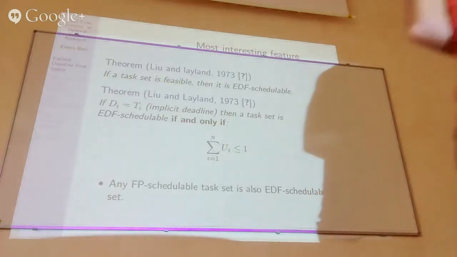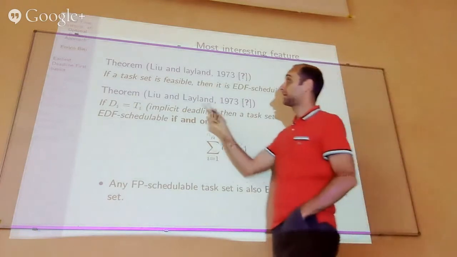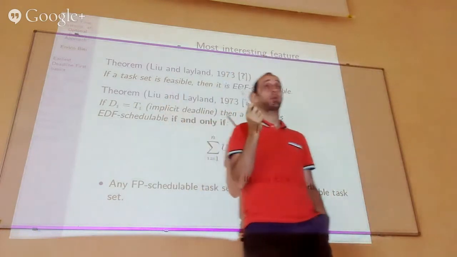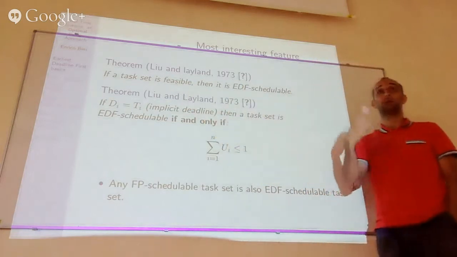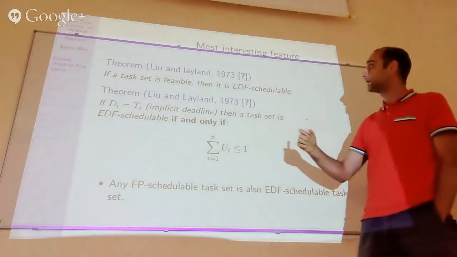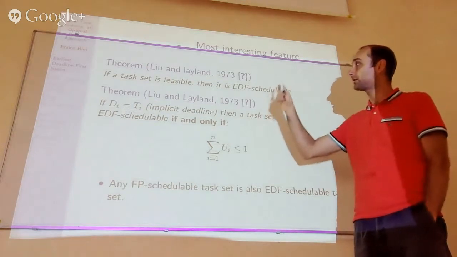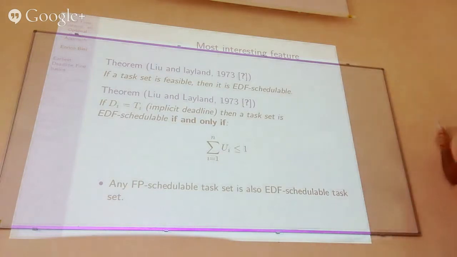Why is it interesting? Because, keeping in mind we are in uniprocessor, if a task set is feasible, meaning that there exists a feasible schedule, then the task set is EDF schedulable. So EDF can schedule any task set which is feasible.